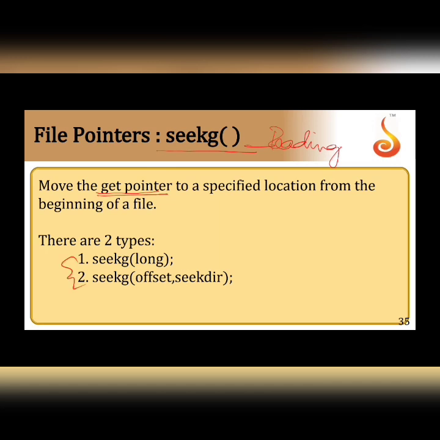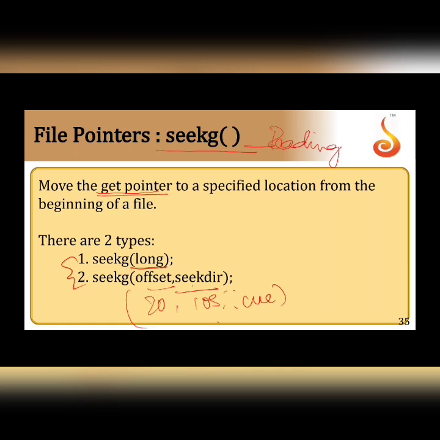One is seekg(long), an integer: I give one integer, and that many bytes it will move. The other one is offset and seekdir. So if I say 20 from ios::cur, what it will say is, from the current location, move forward 20 bytes, and then you start reading.